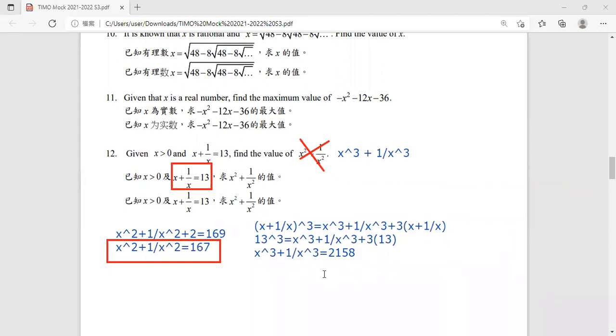How come 266? It's 166, not 266. Oh, yeah.